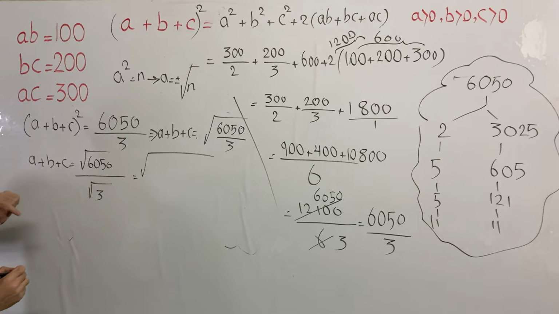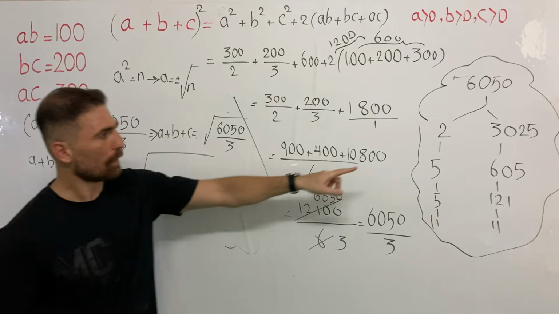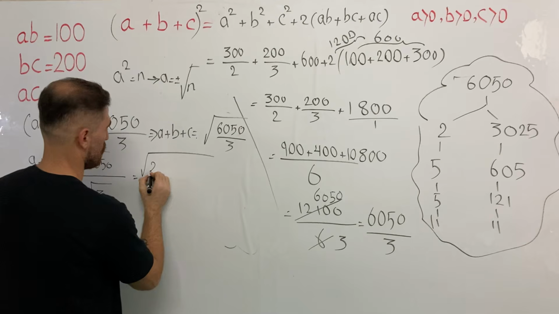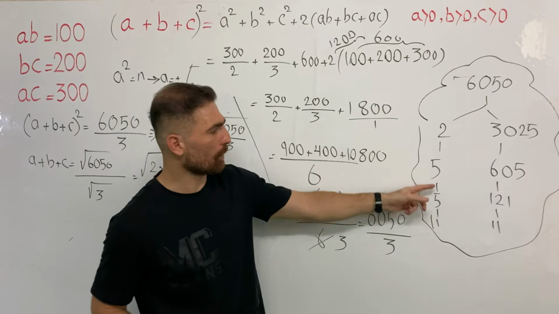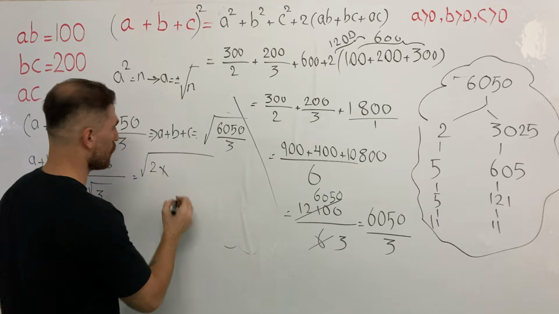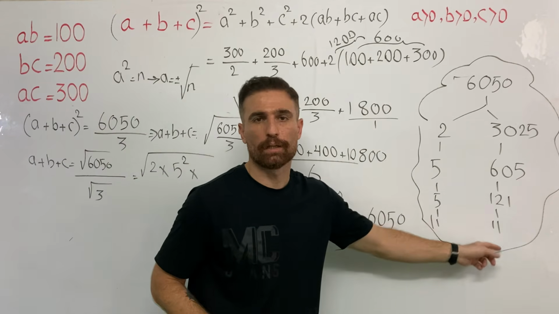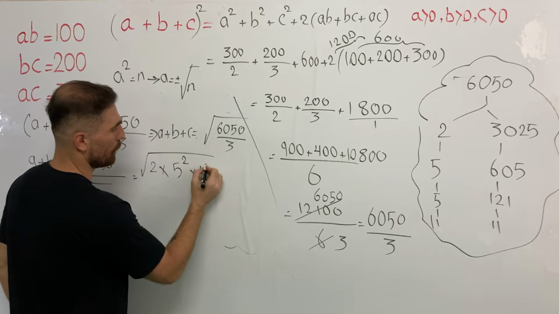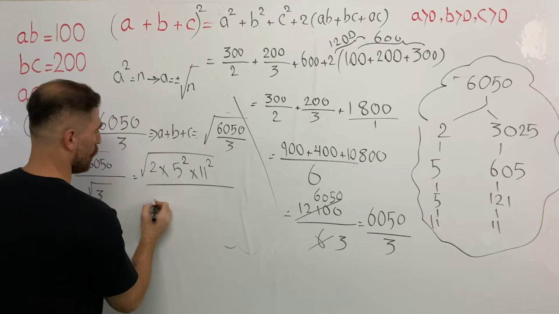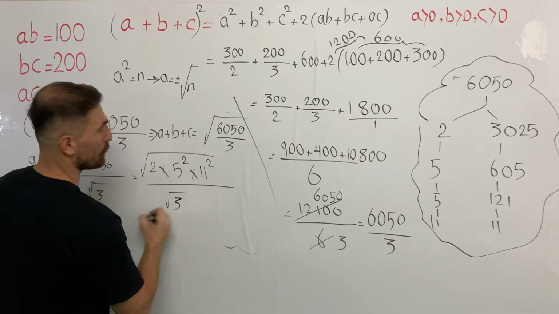Now I'm going to use this to continue the solution. Second root of 6050 can be written as 2 times 5 times 5, which means 5 to the power of 2 times 11 times 11, which means 11 to the power of 2 over second root of 3.